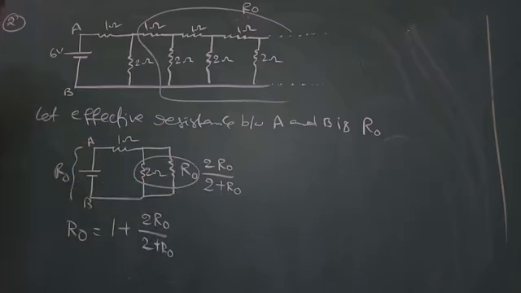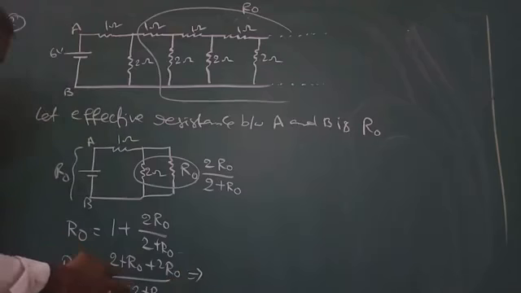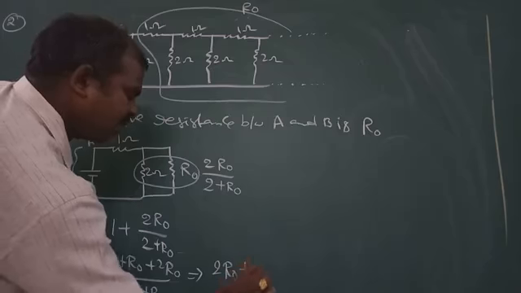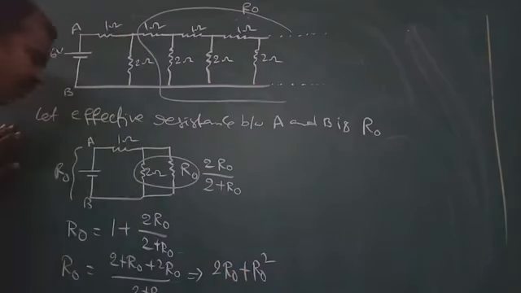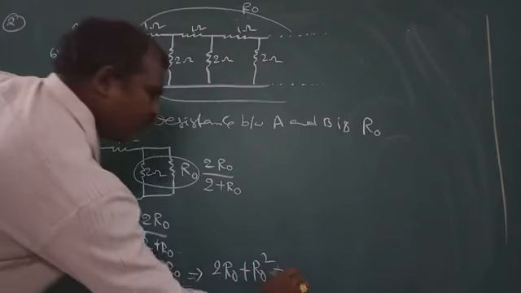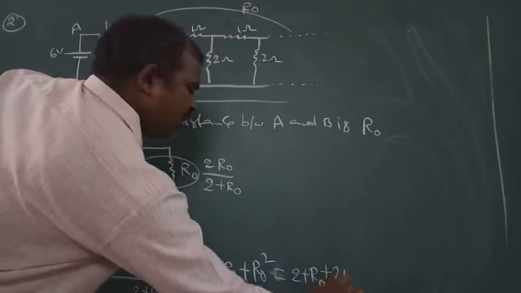Now take the LCM, which is 2 plus R0, giving 2 plus R0 plus 2R0. After cross multiplication, R0 into 2 plus R0 means 2R0 plus R0 squared, which is equal to 2 plus R0 plus 2R0.